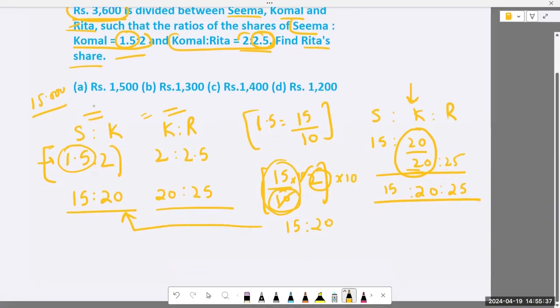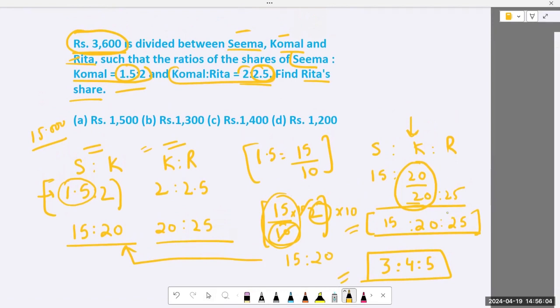Now, one thing that we can observe is that all these three numbers are multiples of the number 5. So we can divide them all by 5 and then we get the simpler ratio, which is 3 ratio 4 ratio 5. Now this becomes easier for us to calculate, and these ratios are actually the same. There is nothing such as a key proportion change in here. These are just the same, just the numbers have changed. The ratio remains the same still.